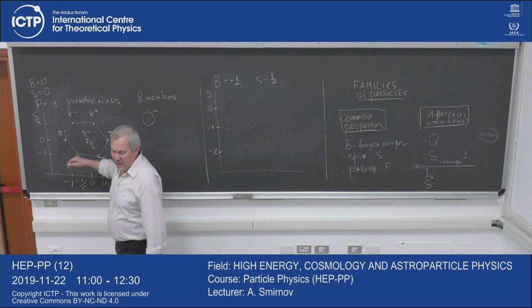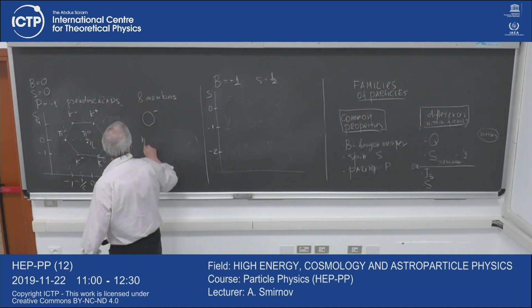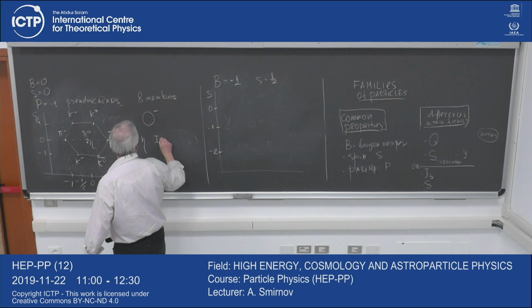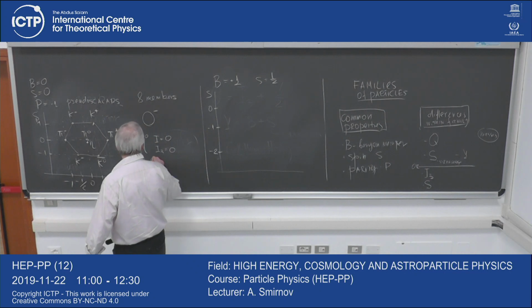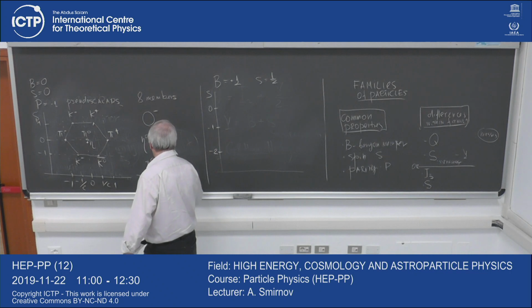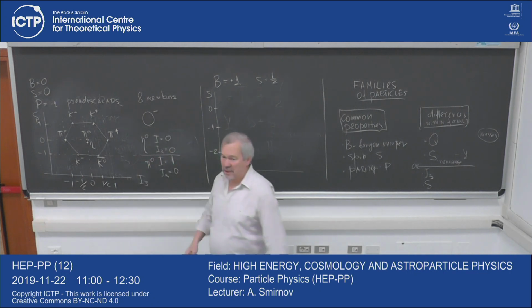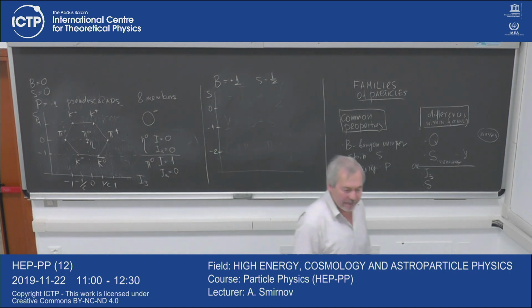This one is separate because it has isospin 0. So let me put it. Eta has total isospin 0, and its projection is, of course, 0. Instead, pi 0 has total isospin 1, but the projection is 0. Eta is a singlet of the isospin group.